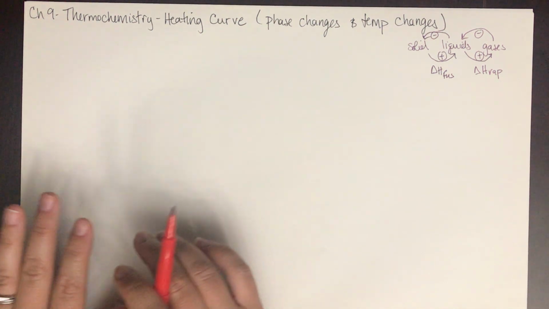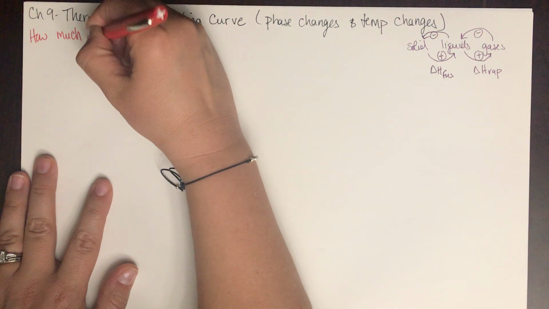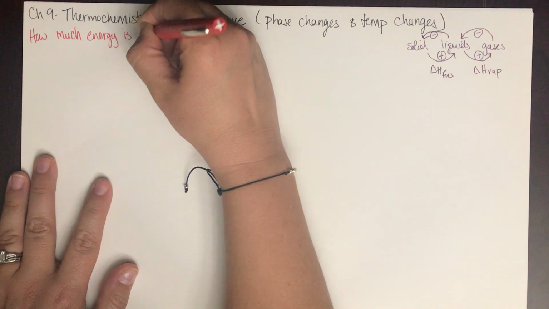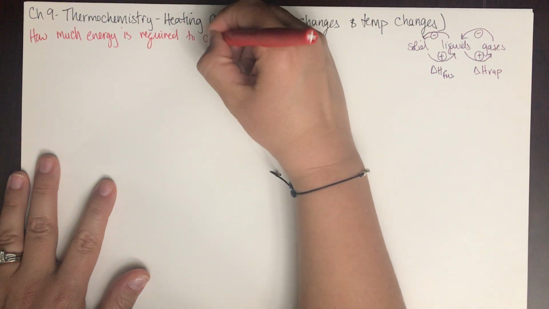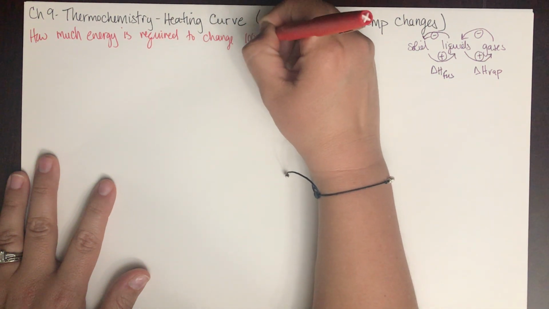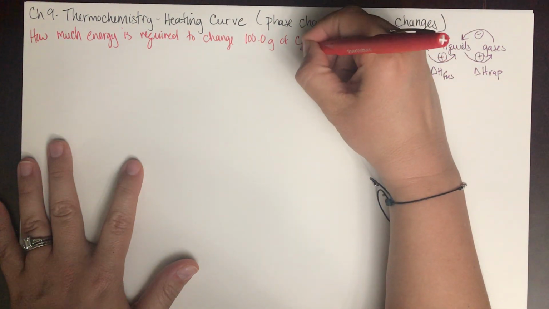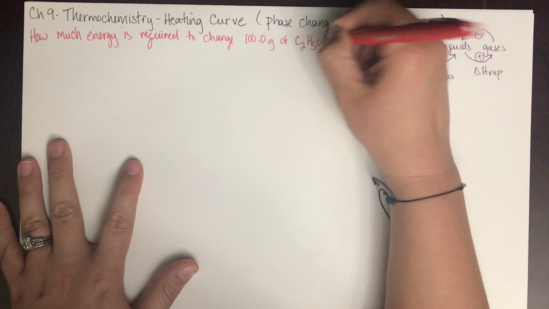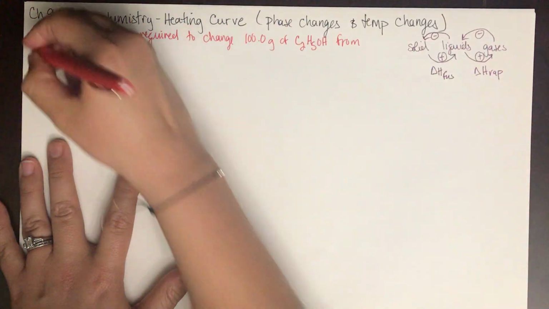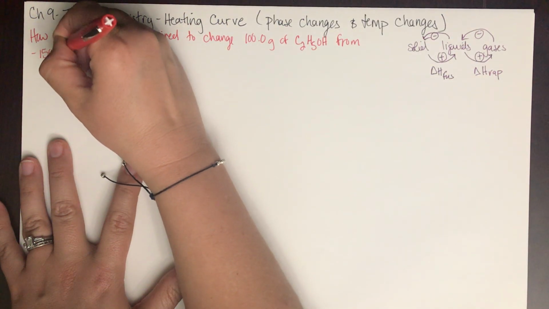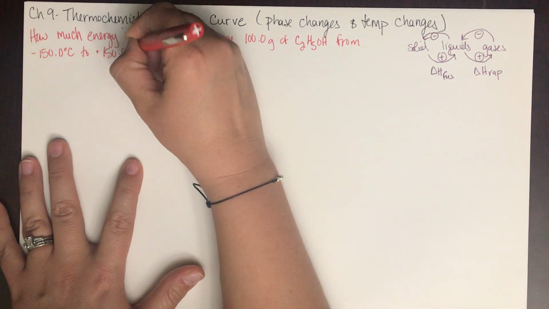Okay, so how much energy is required to change 100.0 grams of ethanol, C2H5OH, from negative 150.0 degrees Celsius to positive 150.0 degrees Celsius?